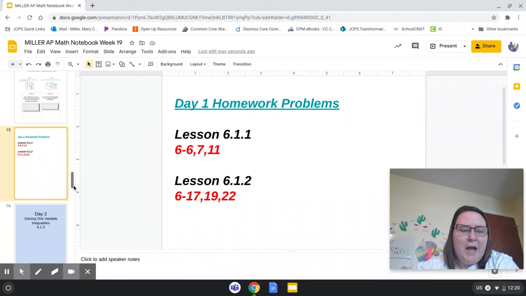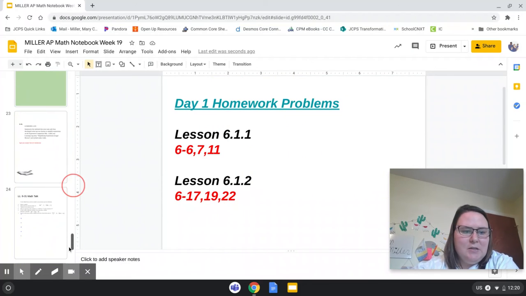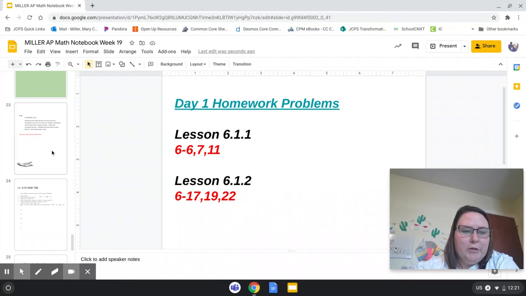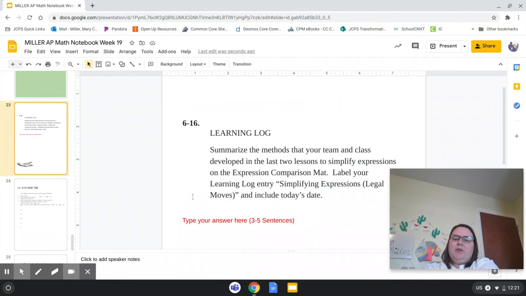And then the very last part of today's lesson is your learning log. You are summarizing the methods that your team and class developed in the last 2 lessons, aka one lesson that we did at one time, on the expression comparison mat. You're talking about what the legal moves are.